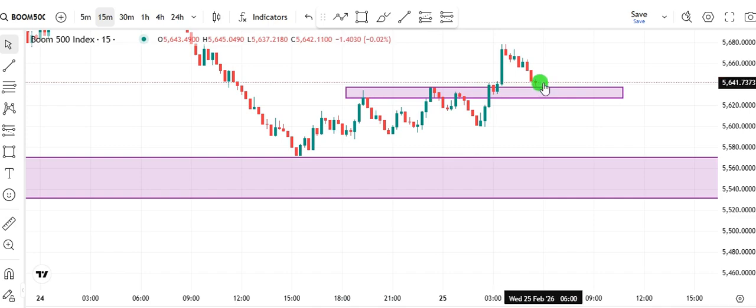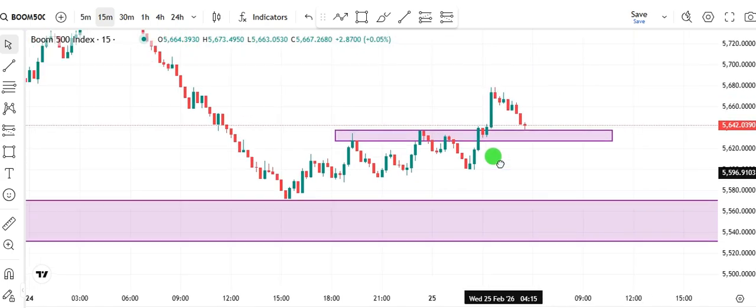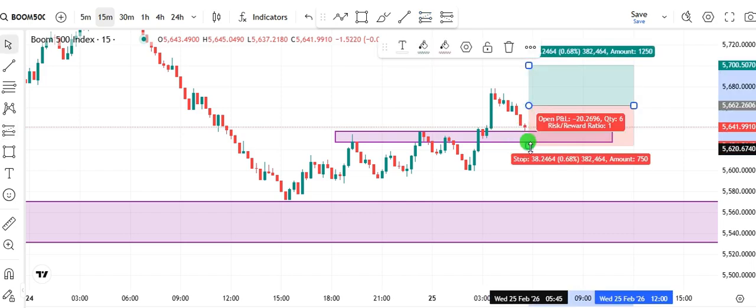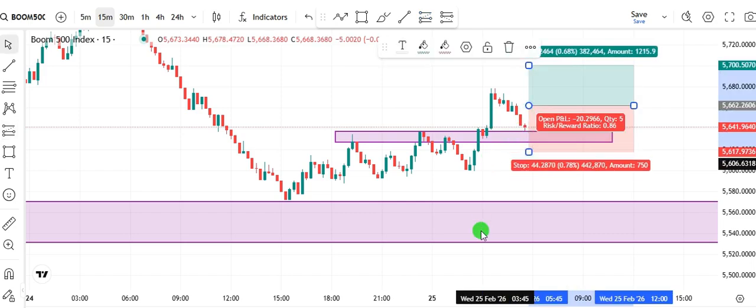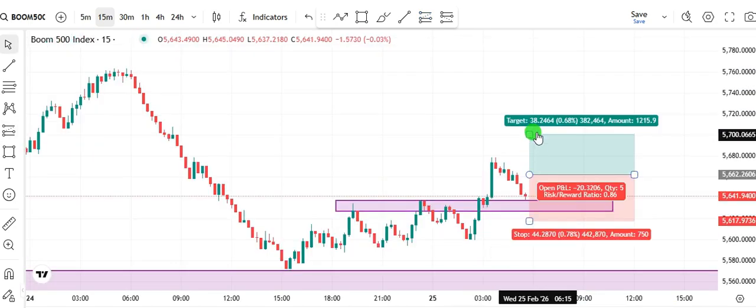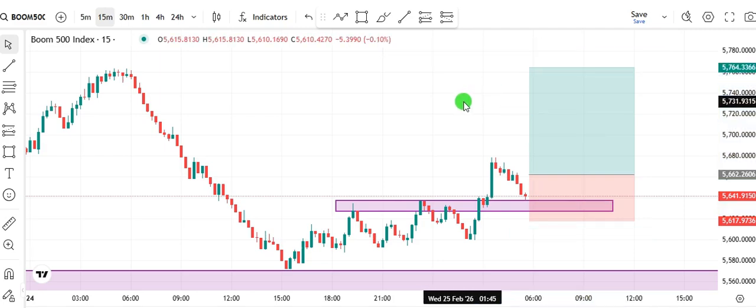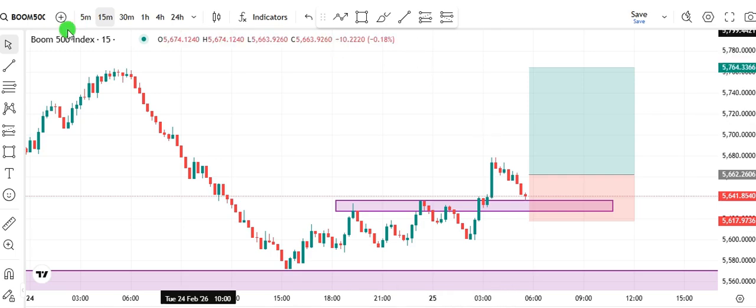We want to see a bullish candle fully close above it. If that happens, then I'll be going long, of course. Stop loss below this, then take profits. It's going to be a minimum 1:2 risk to reward ratio. So let's see how it plays out as the day goes by.